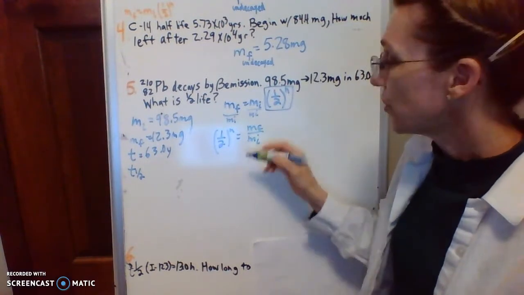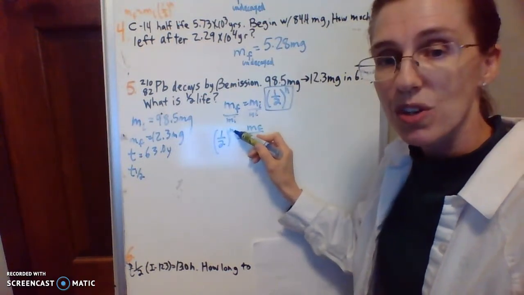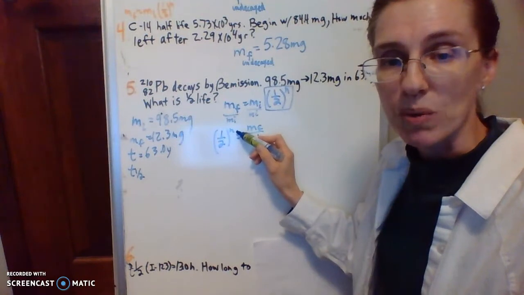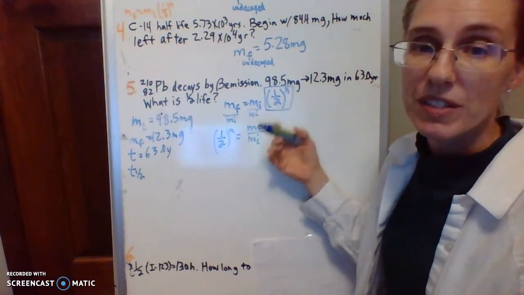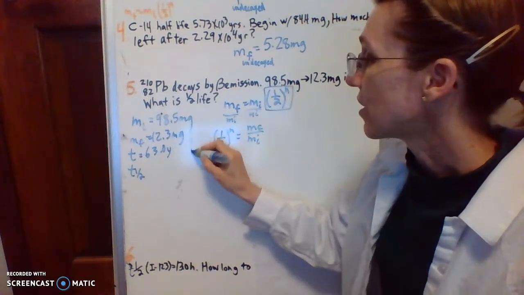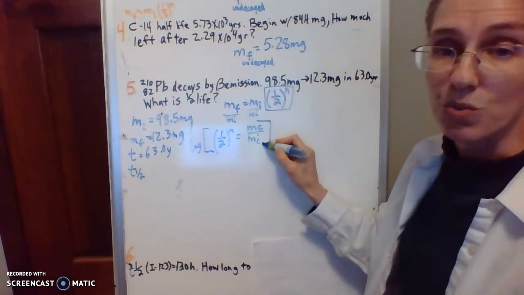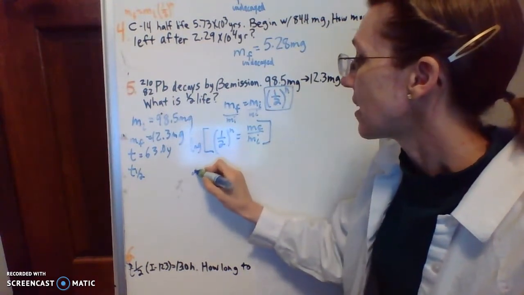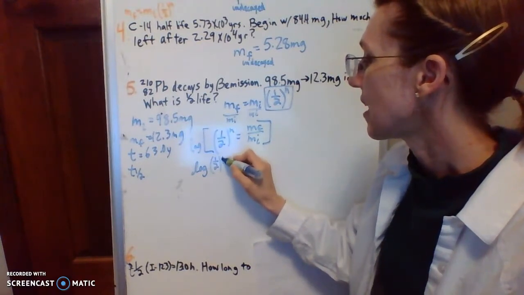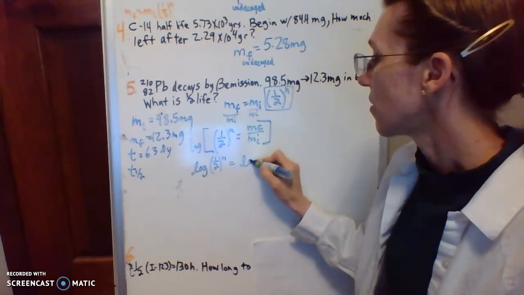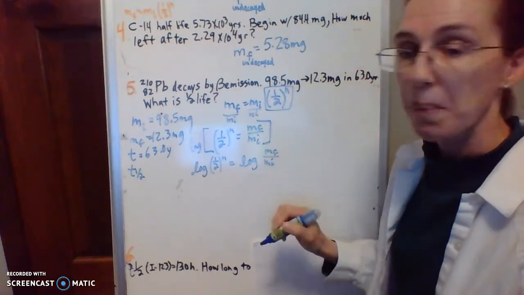Now, in order to solve for this, does anyone remember how you solve for something that's in an exponent? Well, the way we would do this is to take the log of both sides. So we have to take the log of not just this side, but the other side as well. So we end up with the log of 1/2 raised to the nth power equals the log of m final over m initial.